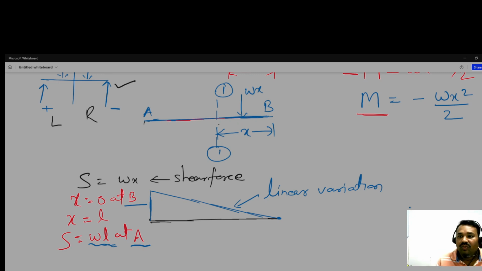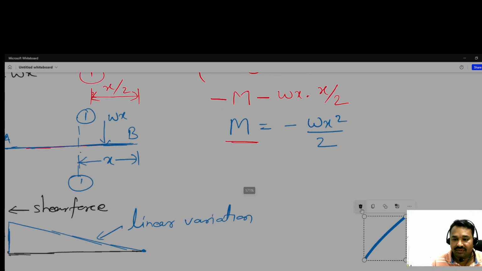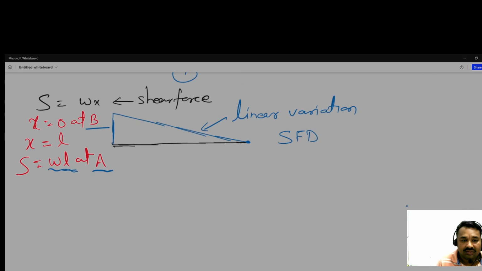Okay, and what about M, which is with minus, so just below we have to draw the BMD. Here this is A, this is B of length L, and its intensity here is WL.